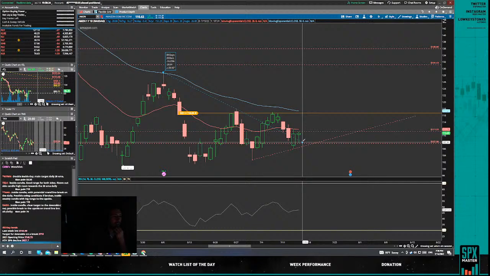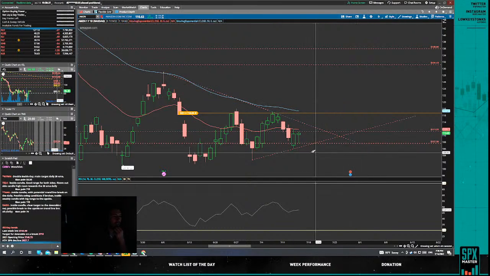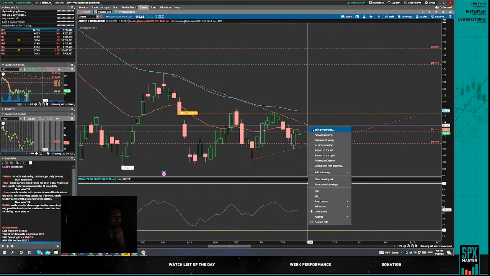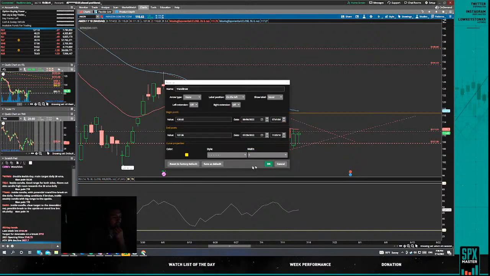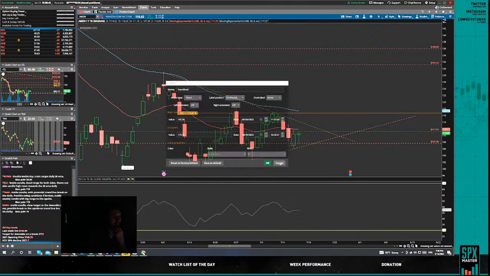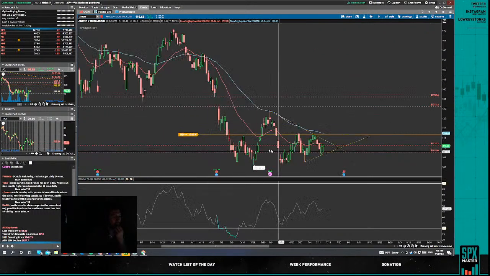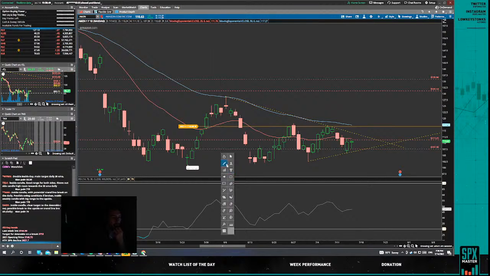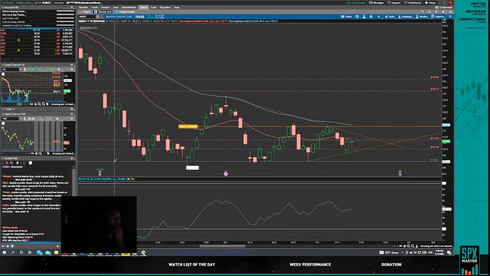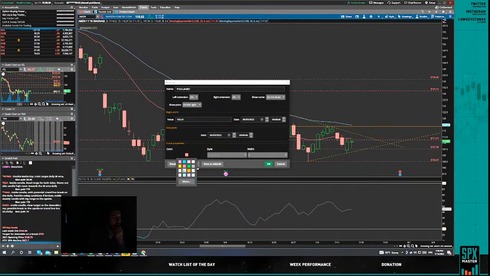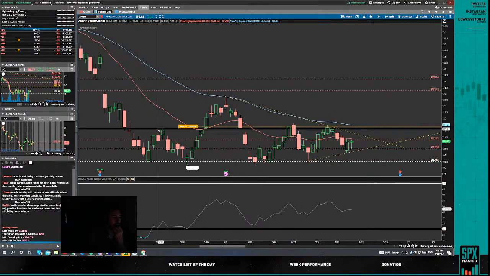Okay, this broke out. So I'm looking at this trend line right here. This is clear support. This candle high, I'm gonna choose this candle high, this peak right here with this candle low.